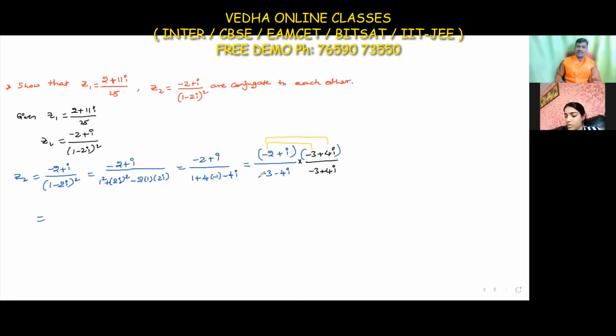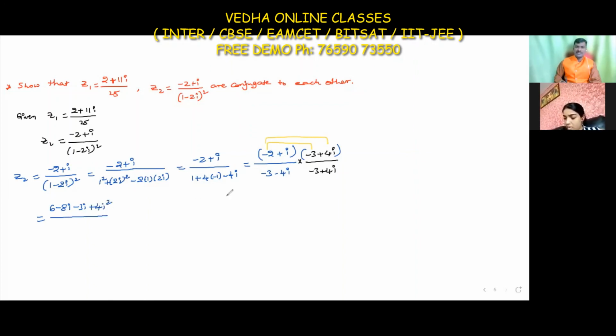In the numerator, multiply the terms: minus 2 into minus 3 is plus 6, minus 2 into 4i is minus 8i, i into minus 3 is minus 3i, and i into 4i is 4i square.